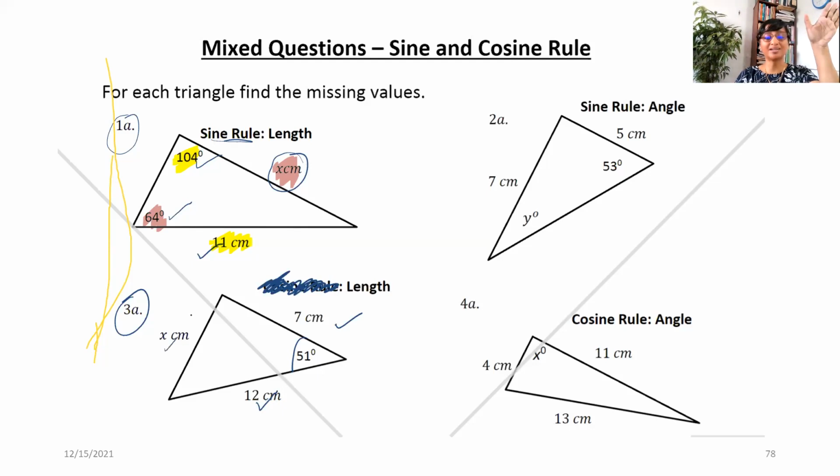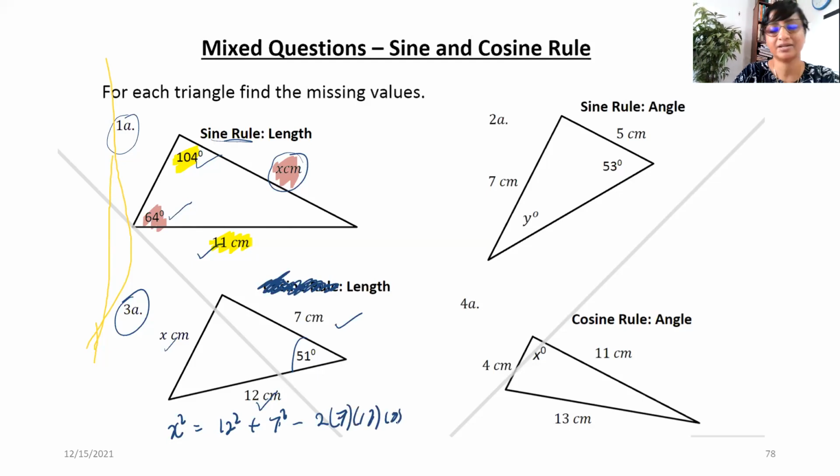So how do you start? X squared equals 12 squared plus 7 squared minus 2 times 7 times 12 times cos 51.